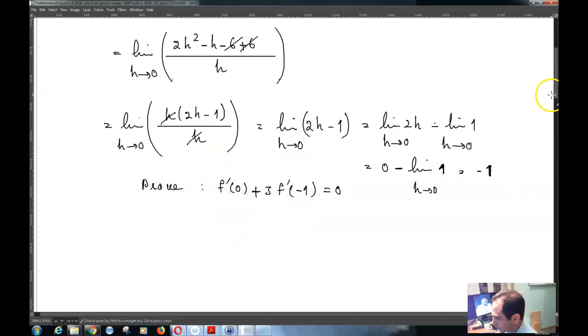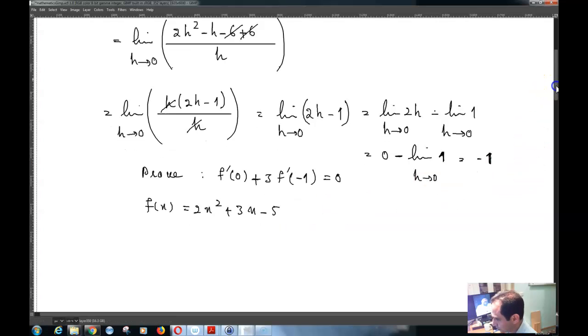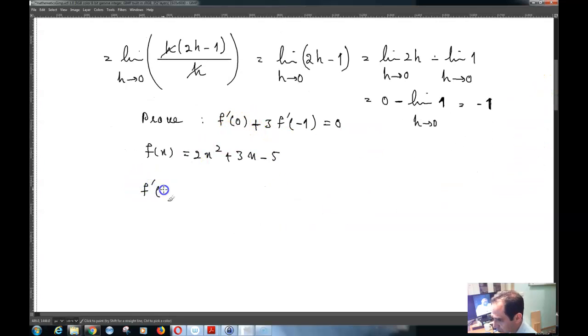So f prime of 0 for this function is of course simple, because if you want to calculate f prime of 0, your function is basically f of x is equal to 2x squared plus 3x minus 5, and f prime of 0 would be equal to the limit of basically f of 0 plus h minus f of 0 over h when h tends to 0.